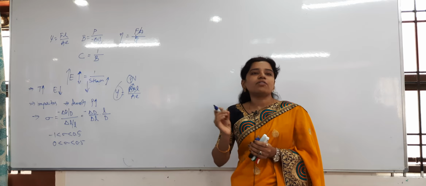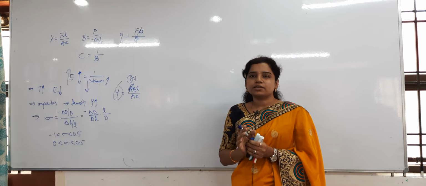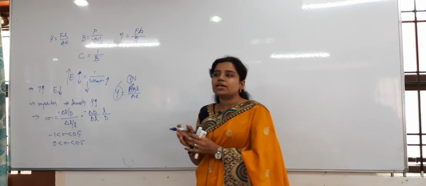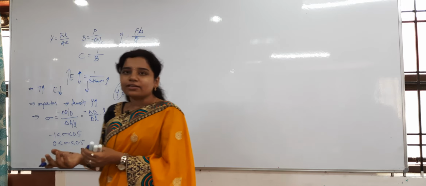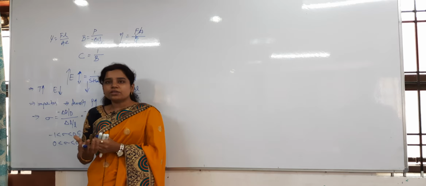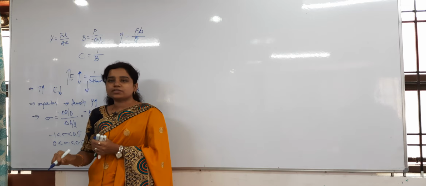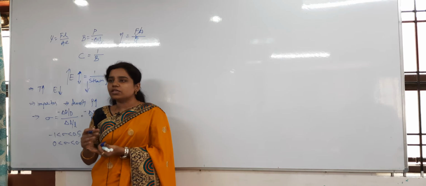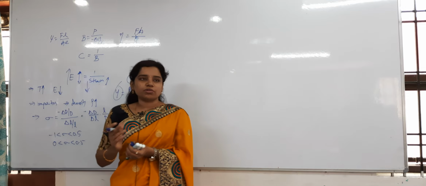Stiffer objects will have more elasticity. Clear? Stiffer objects will have more elasticity. So I said that steel is more elastic than rubber. What is the reason? In rubber the strain will be more, so elasticity will be less. In steel the strain will be less, because elongation is less, so elasticity will be more.